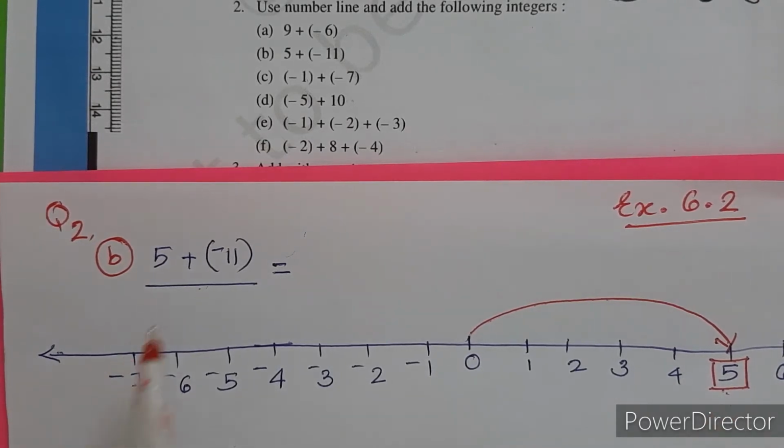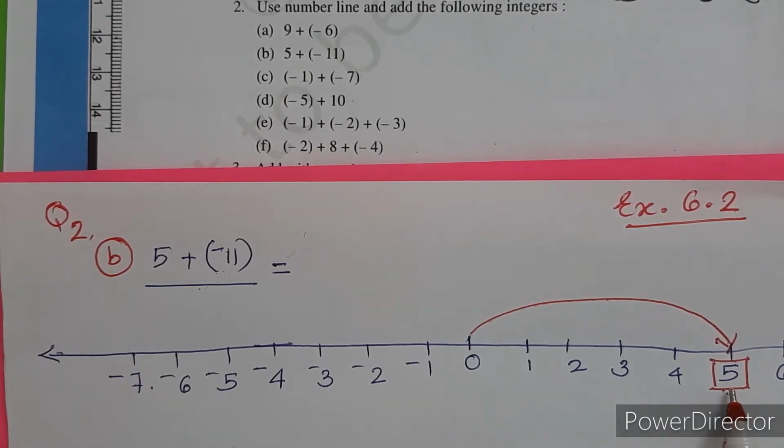Then we add minus 11 to 5. The second number is minus 11, which is a negative integer. In the case of a negative integer, we move in the left direction on the number line from the starting point.